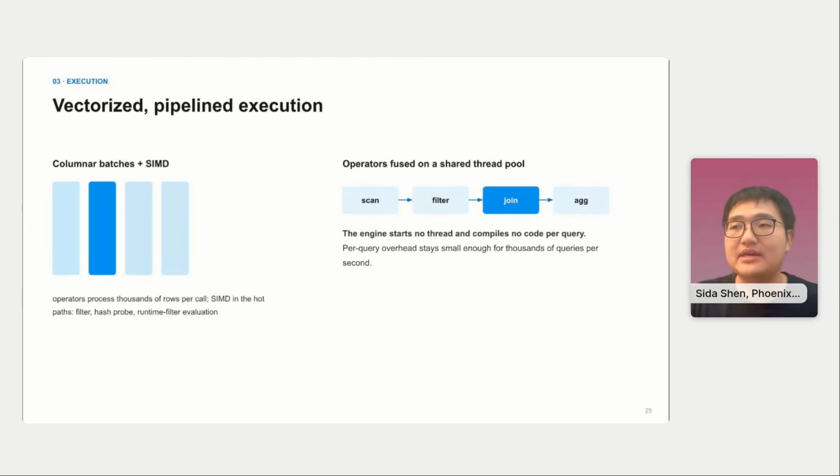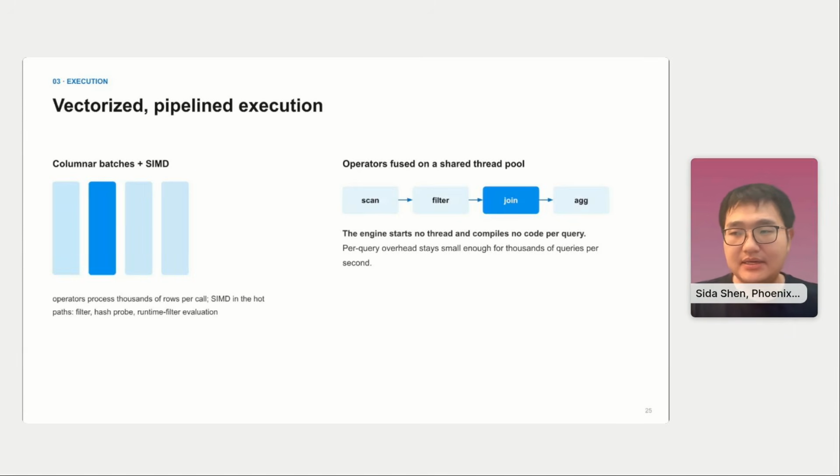Why? Because analytical queries, by nature, are grabbing things by column. We're computing things by column. We're scanning things by column. Everything's by column.